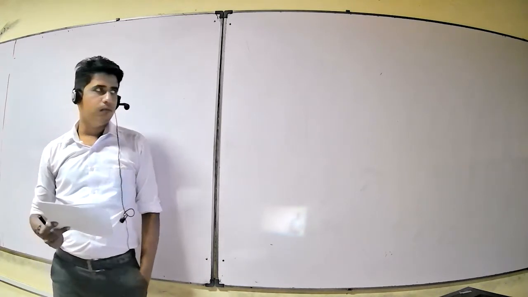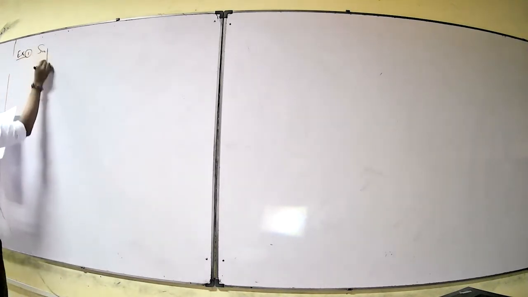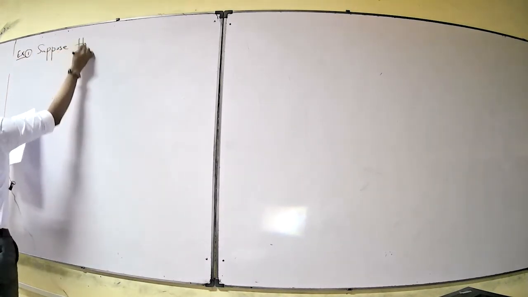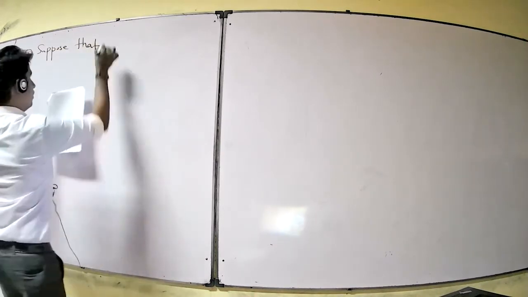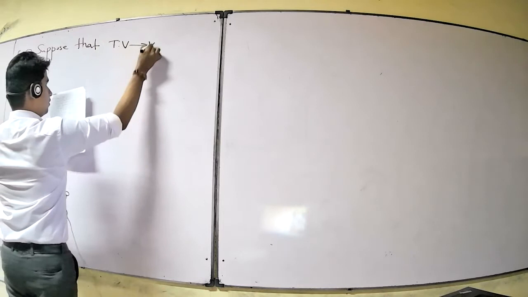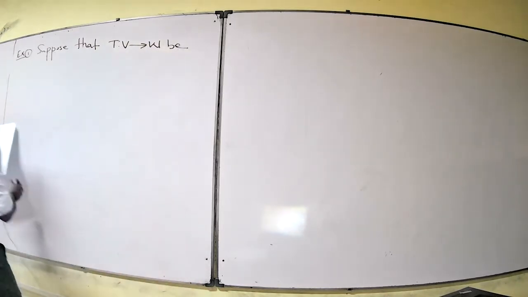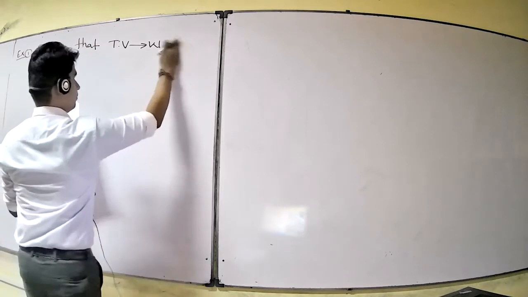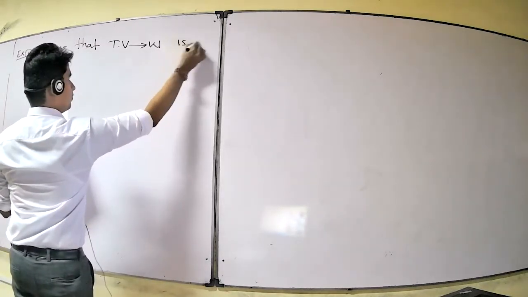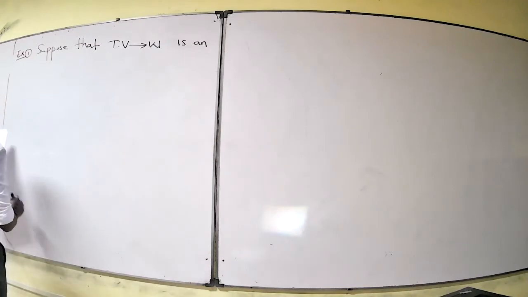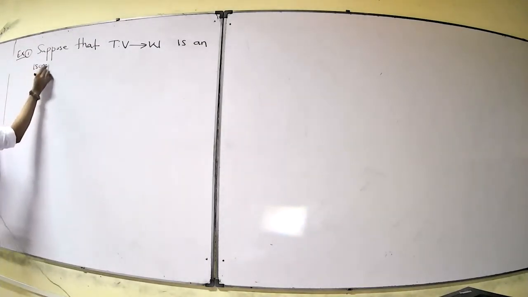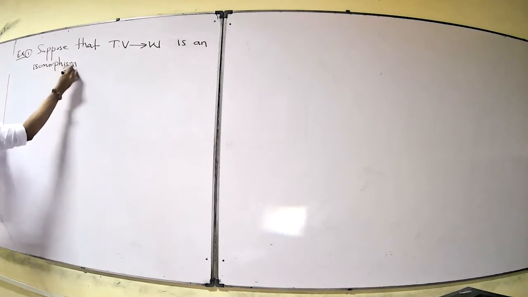You know the direct sum, right? With this formula here we prove the direct sum condition, right? Exercise number 1. Suppose that T: V to W is an isomorphism, right?